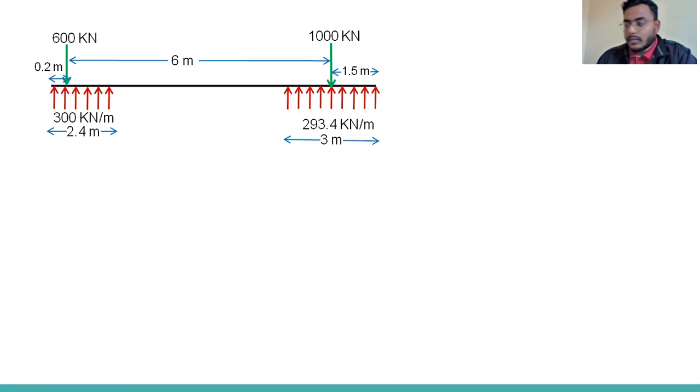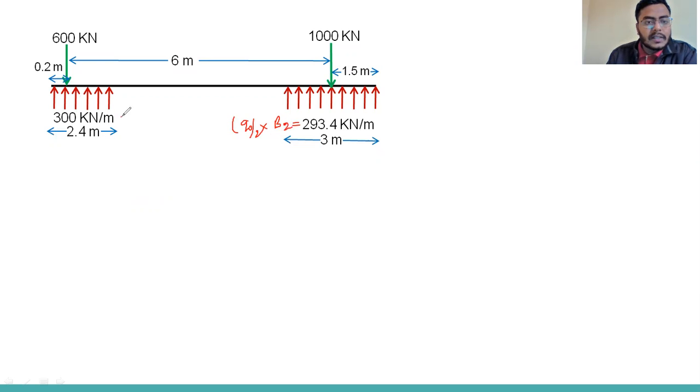Okay, now see, this is the line diagram. You can see the distance between both the columns is x2, that is 6 meter. Here you can see 0.2 meter, here 1.5 meter, because this total is 3 meter. This is the intensity Q naught 2 into B2.